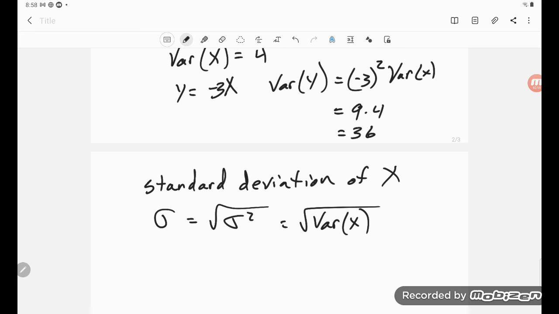And the standard deviation ends up being a nice quantity to use when making estimates of probabilities, in particular with the normal distribution.